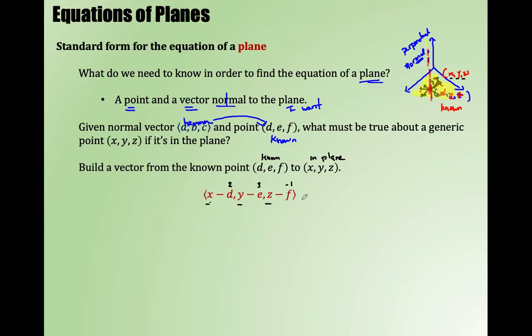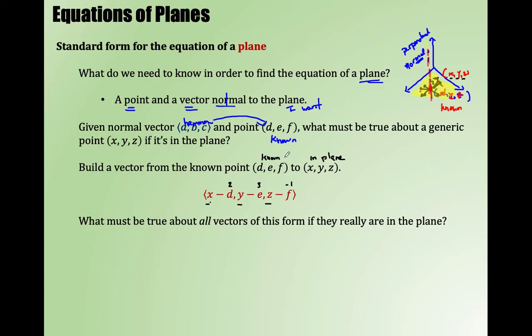What do I want to be true about this vector? That's the black vector. These are all the black vectors in my picture in the yellow plane. What is true about all these black vectors and my hammer?